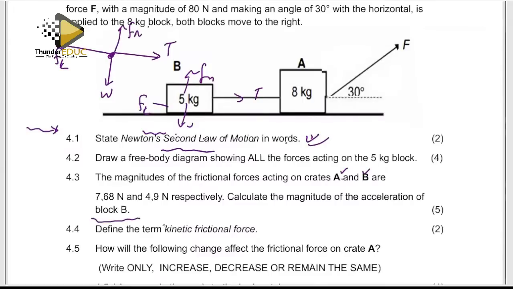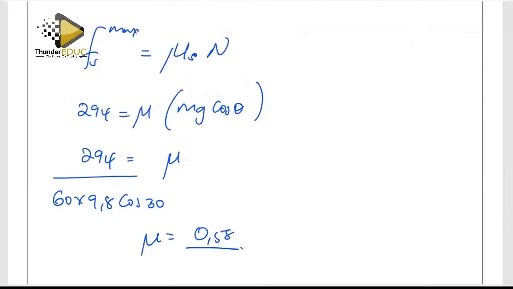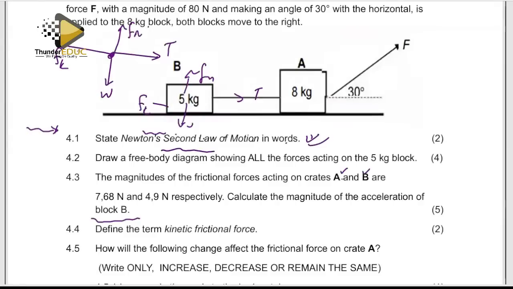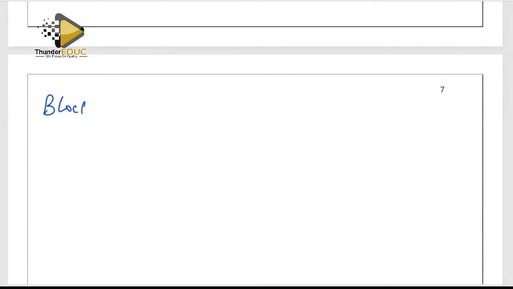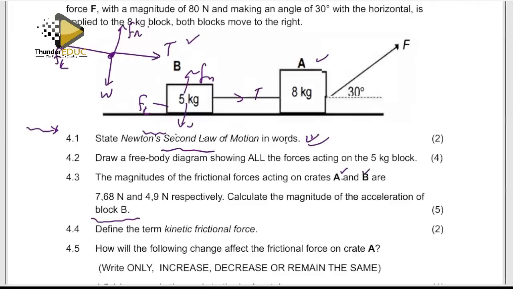So whether the acceleration is for block B or block A, it has to be the same for as long as the two bodies are moving together. Okay, so for us to get the acceleration, we can look at the entire unit, or we can look at the individual unit, whereby we focus on body A, sorry, body B. So when I look at, let's say, block A, my force applied, I'm just going to use the F cos of 30.